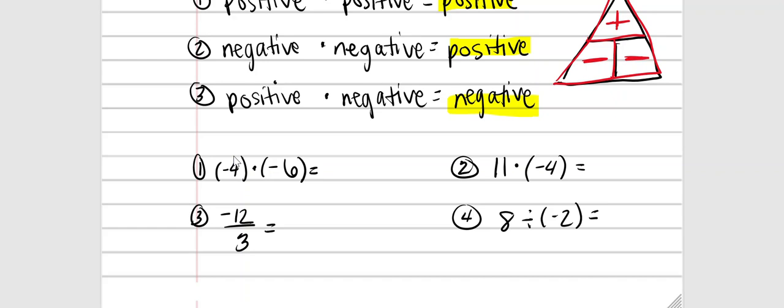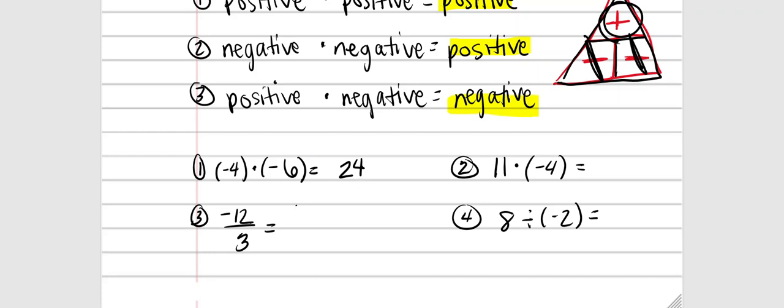If I have negative 4 times negative 6, I come over here to my triangle, and I know 4 times 6 is 24. But I have a negative times a negative, and the only remaining sign is a positive. So a negative 4 times a negative 6 gives me a positive 24.